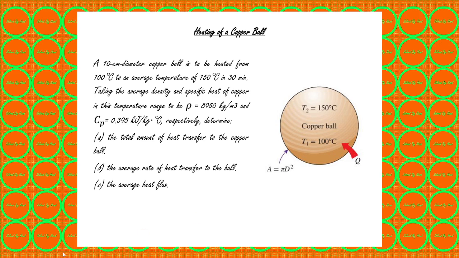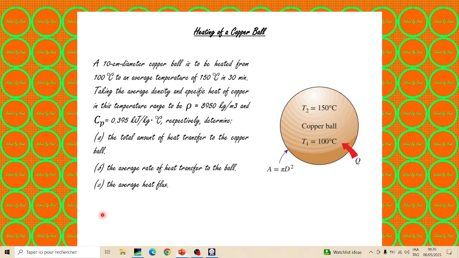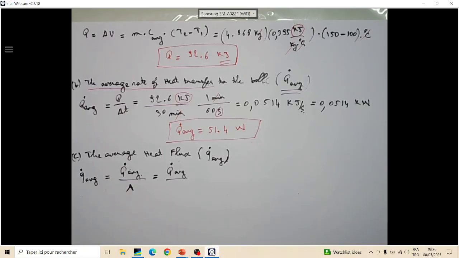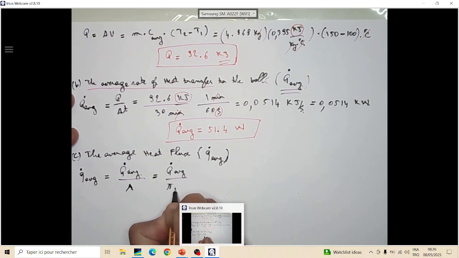I will go back again to the calculation, and then to the paper. I will use pi times D squared.